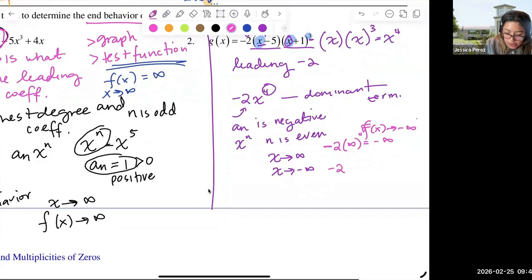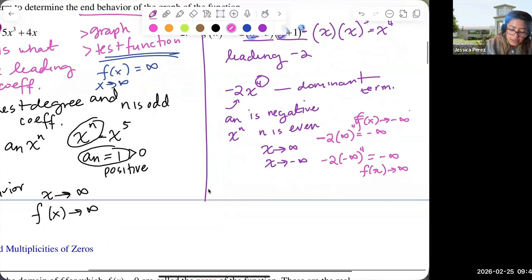Here, -2 times (-infinity) to the fourth power, it's still positive inside because it's an even polynomial. So this is still a -infinity. So it doesn't matter the orientation here because I have an even polynomial, but my leading coefficient is negative. So then this will behave this way.